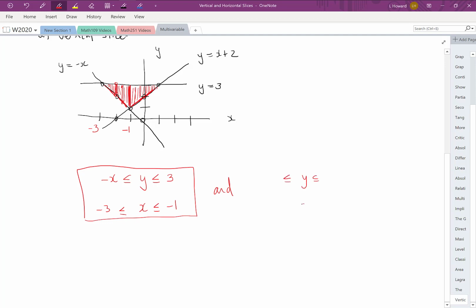Let's talk about what y is going to range between and then what x is going to range between. Okay, so let's focus in on one of these vertical slices over on the right side of the region R. Let's say, for example, this vertical slice here that we've got in blue. So it is going from y equal x plus 2 at the bottom to y equal 3 at the top.